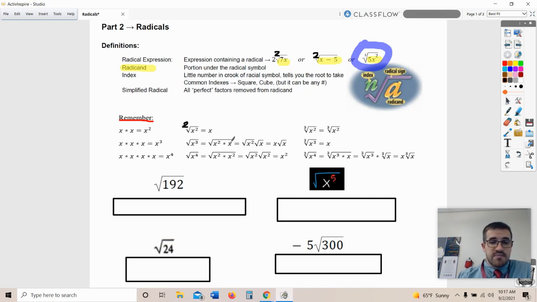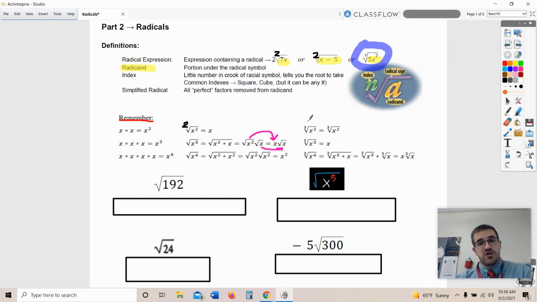So we can break this up, and then we know that this equals the square root of x squared times the square root of x. Since we established in the above point that x times itself gives us x squared, we can simplify this x here in this pinkish color to x, and the square root of x stays as a square root of x.